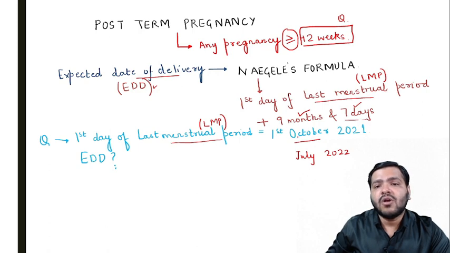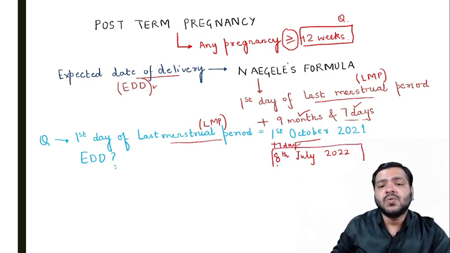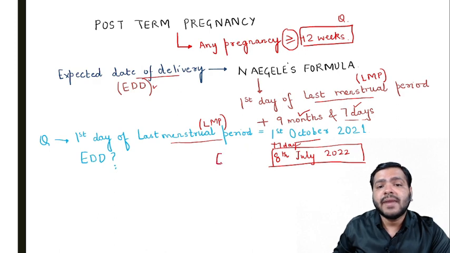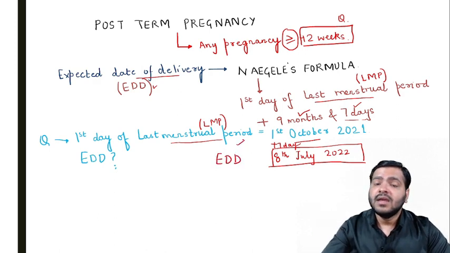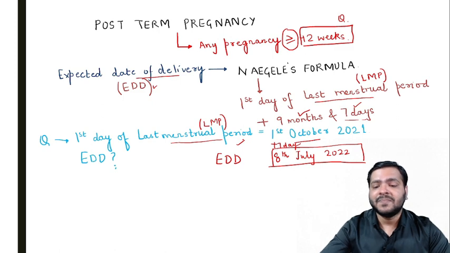So adding 7 days to 1st October, it becomes 8th July 2022, the expected date of delivery for this particular case. Keep in mind that the first day of the last menstrual period is to be taken, and to this date we add 9 months and 7 days.